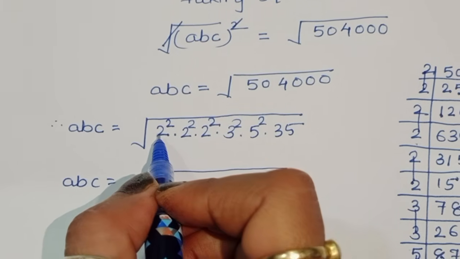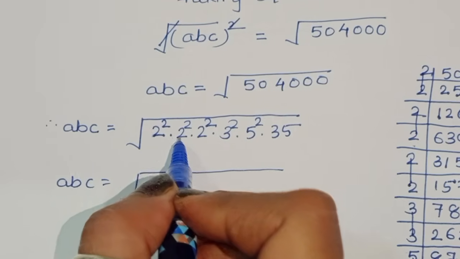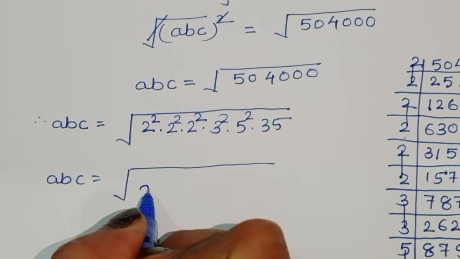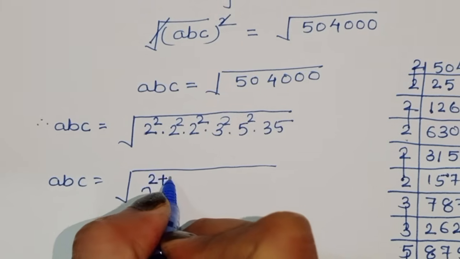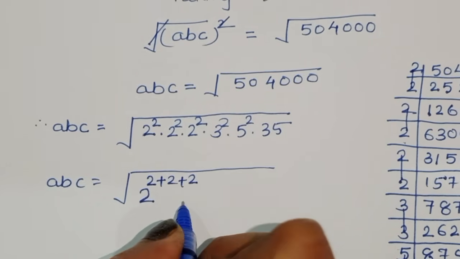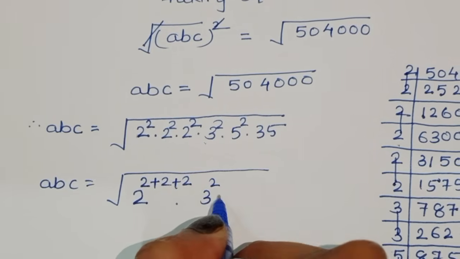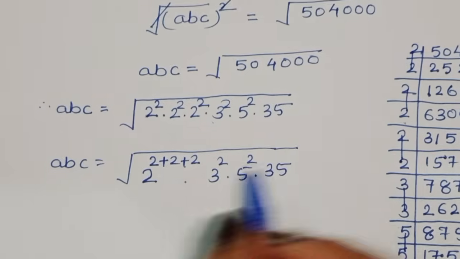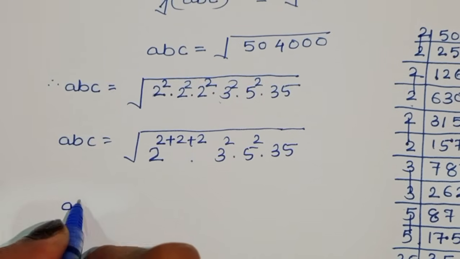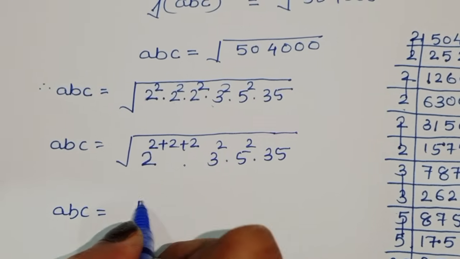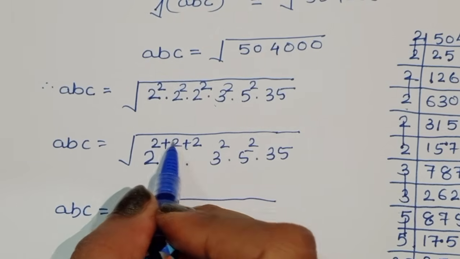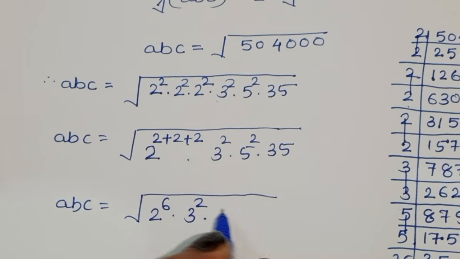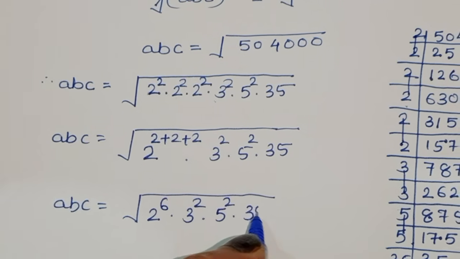So we know one formula: if a power b and a power c are given, we can write a power b plus c. Using that formula we can write 2 power 2 plus 2 plus 2 times 3 square times 5 square times 35. So ABC is equal to the square root of 2 power 6 times 3 square times 5 square times 35.